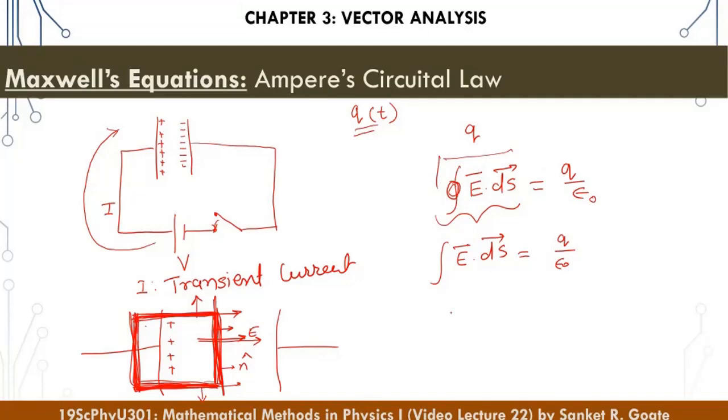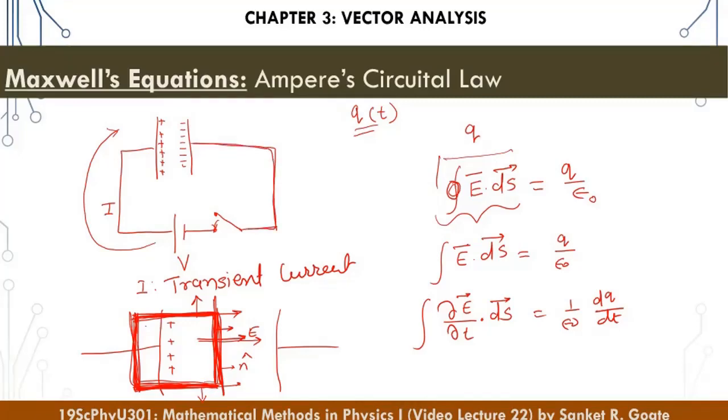Now let me differentiate it and get dou E by dou t dotted with this surface integration, equal to 1 by epsilon 0 times dq by dt. Now remember, this q now is not current. There is no actual current in the sense of charge flowing in a wire.